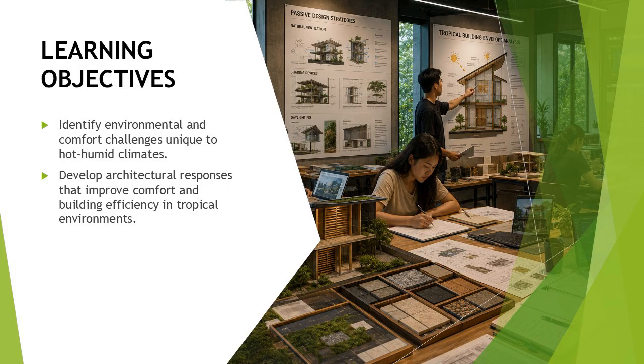By the end of this topic, you should understand how tropical climate affects building performance, how heat enters buildings, how moisture affects materials, how building systems can improve occupant comfort, and how materials influence sustainability. And these competencies are essential for both professional practice and licensure preparation.